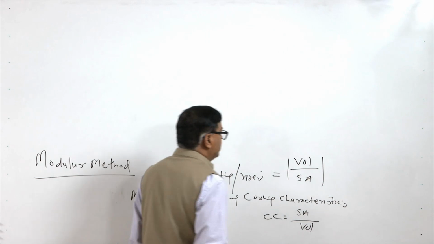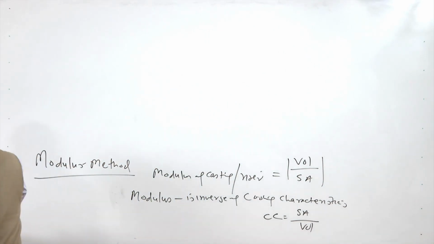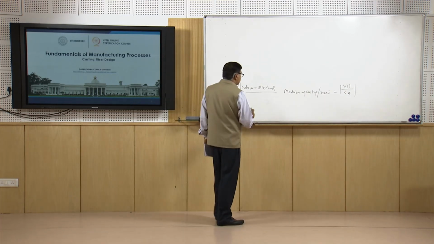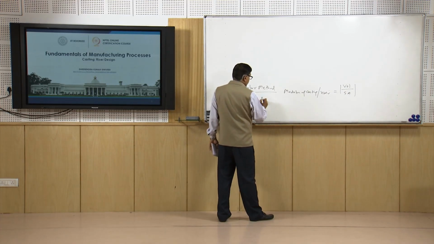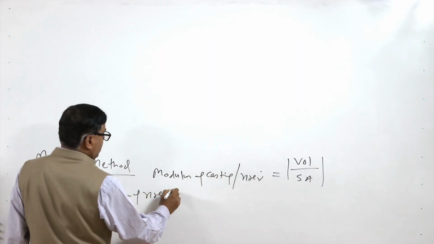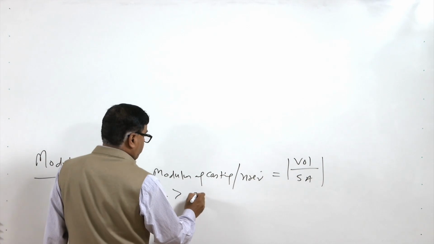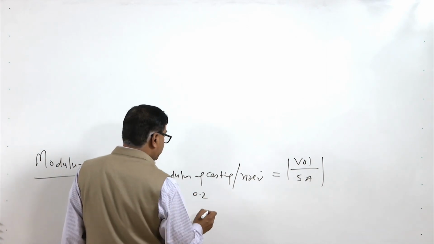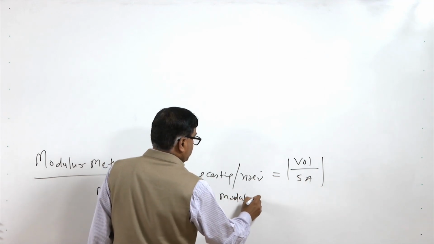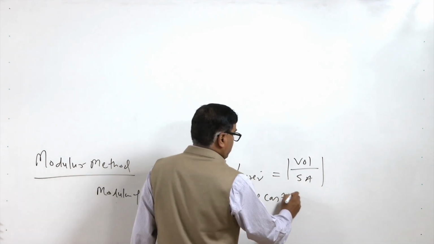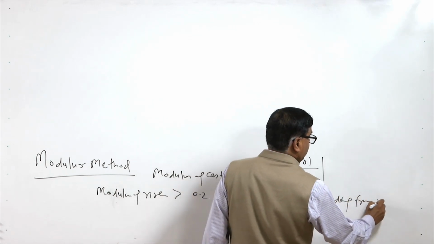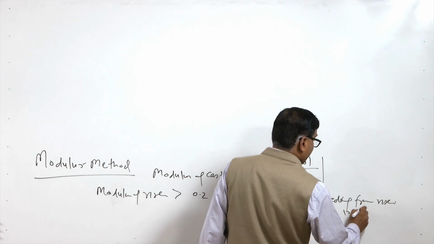So, this ratio is the modulus of the casting. According to this method, if the modulus of the riser is 1.2 times greater than the modulus of the casting, then feeding from the riser is effective.